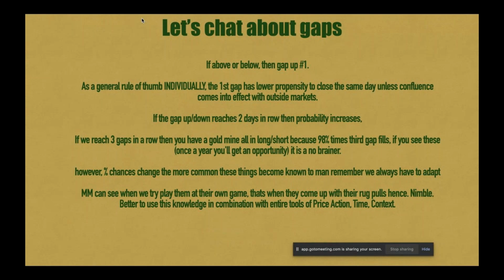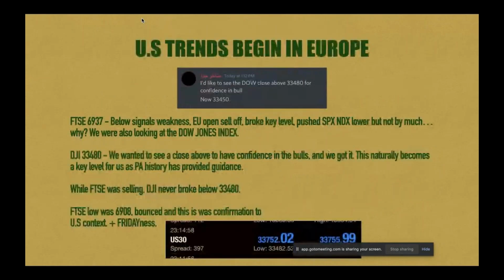If we jumped in and started talking about this DJI and the Europe confluence and price action from past week, it would do you harm, right? Because in the moment, you wouldn't really try to understand why we were looking at the Dow Jones 33480, right? So stick with me there.